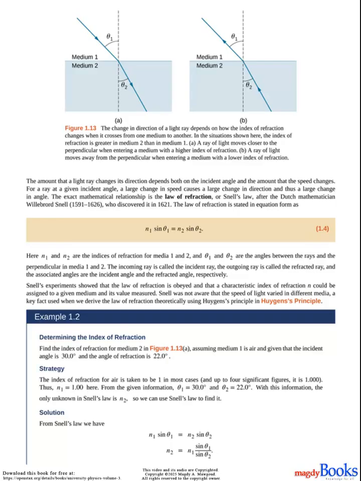Thus, n1 equals 1.00 here. From the given information, theta 1 equals 30.0 degrees, and theta 2 equals 22.0 degrees. With this information, the only unknown in Snell's law is n2, so we can use Snell's law to find it. Solution. From Snell's law we have n1 sine theta 1 equals n2 sine theta 2. n2 equals n1 multiplied by sine theta 1 divided by sine theta 2.